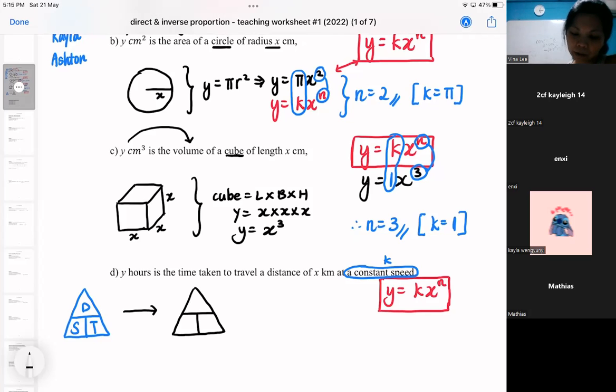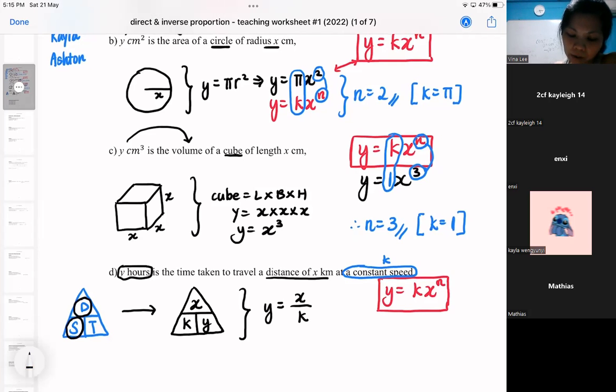What the student did was put the speed as k, the distance as x, and the time as y. So y is equal to x over k.